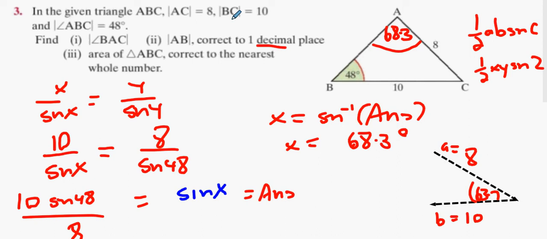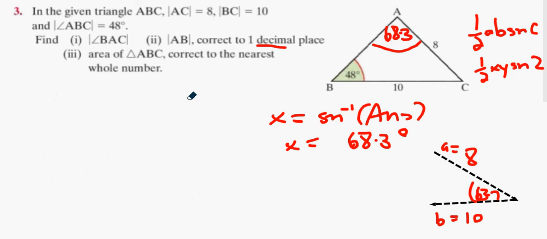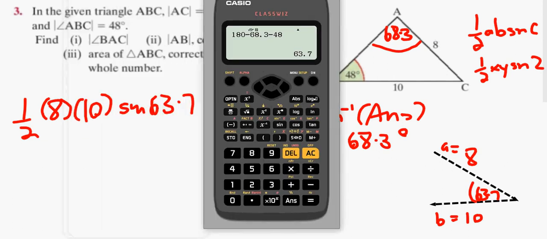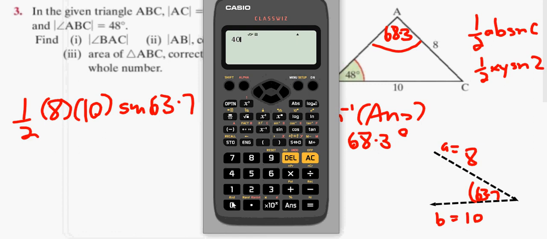So it's going to be a half AB sine C, which is a half 8 times 10 sine 63.7. Half of 80 is 40, so just 40 sine 63.7, and you get 35.86.